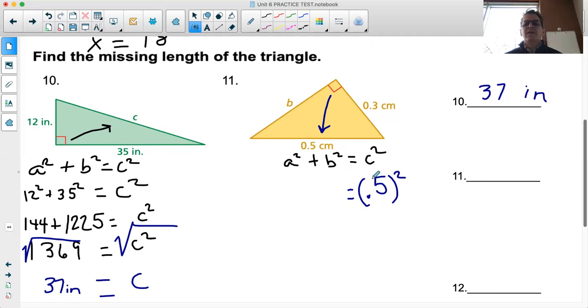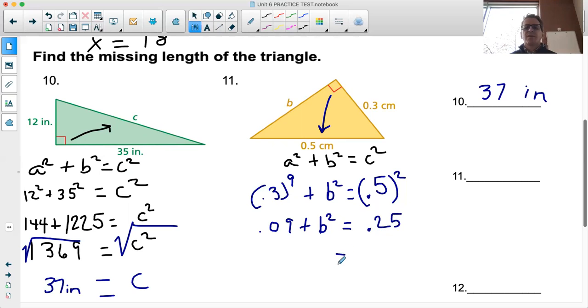We can fill in the other two: B corresponds to the B, why not, and the A corresponds to 0.3, and it's all in centimeters. So 0.3 times 0.3 is 0.09, plus B squared is equal to 0.5 times 0.5, which is 0.25.